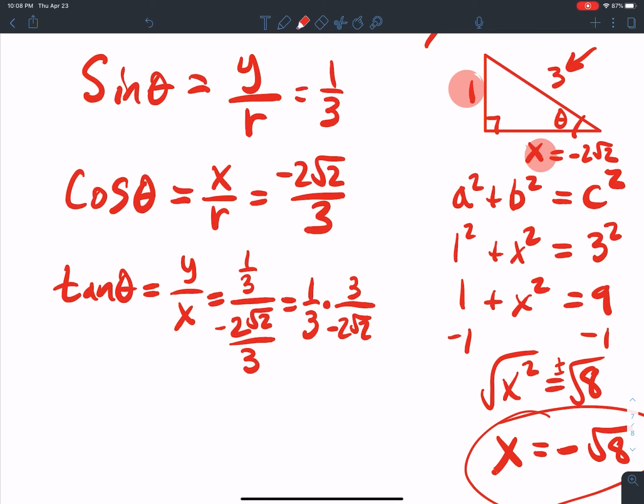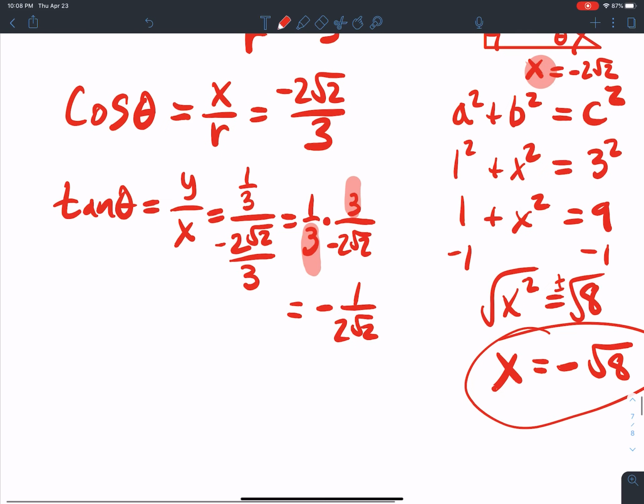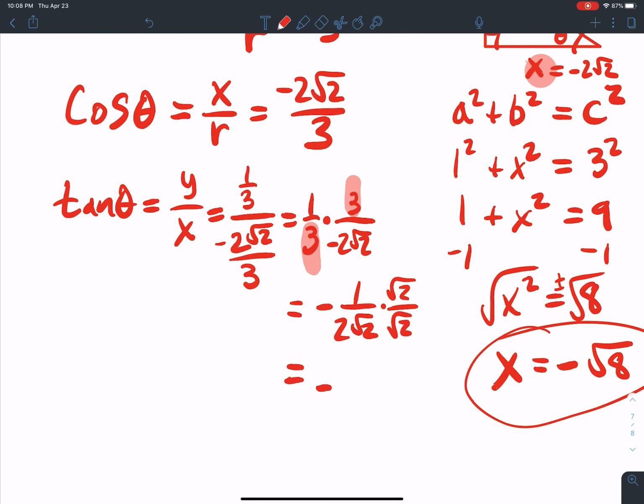The 3's cancel, and I get negative 1 over 2 square root 2. If I simplify this, multiply top and bottom by square root 2, I'm going to reduce to, it looks like, negative square root 2 over 4. So that's the tangent right there.